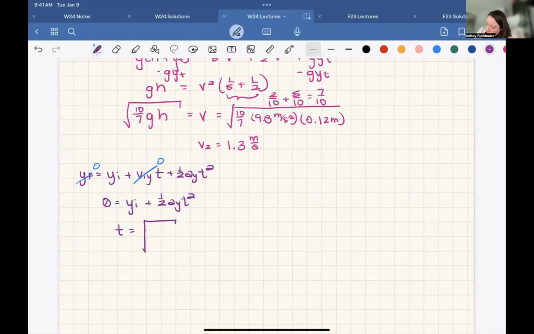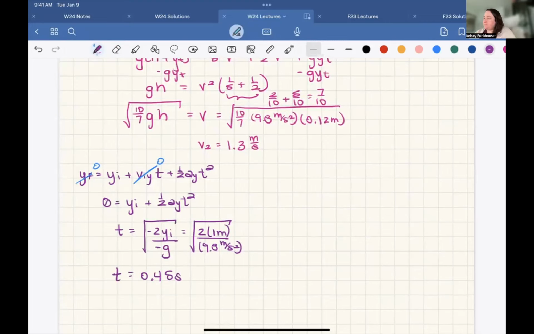It is negative 2 y initial divided by ay, which is negative g. So we can plug things in, square root, those negatives cancel, so it's 2 times 1 meter divided by 9.8 meters per second squared, and that is 0.45 seconds for the time.